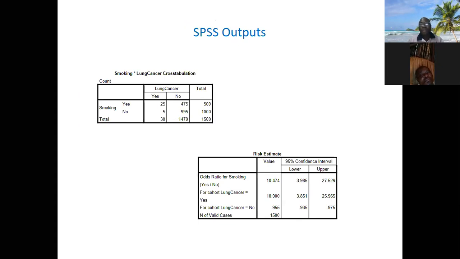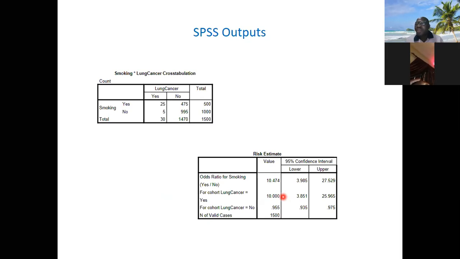Okay, look at this one now. This is the odds ratio, relatively 10, we calculated. The 95% confidence interval is 3.85 to 25.97. So what it's telling you is that even though I've calculated 10 for my sample, in the population you are 95% confident that, because you didn't study the whole population, you cannot be sure that this 10 is the same thing in the population, because it's an estimate.